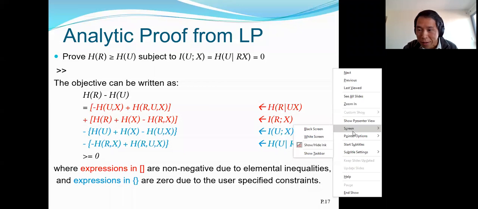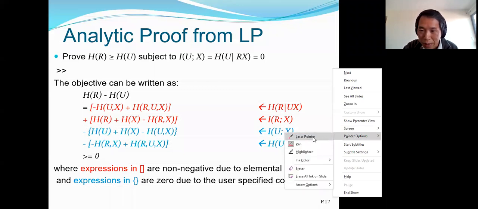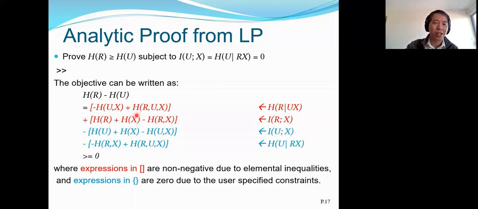I found that if I share the screen here, I may not be able to draw on the PowerPoint, so I just use a pointer here to show you. The first term here, HUX, is cancelled out with the last term here, because they all have minus signs, but we have a minus here. For the RUX term, it is also cancelled out due to the minus sign.